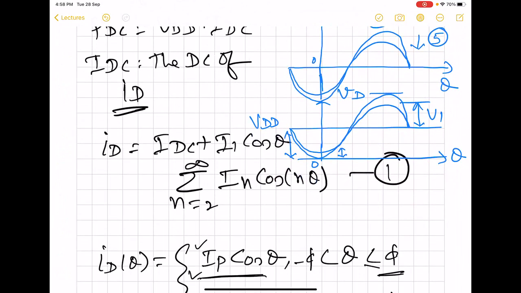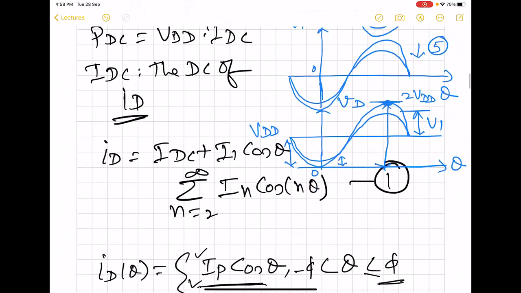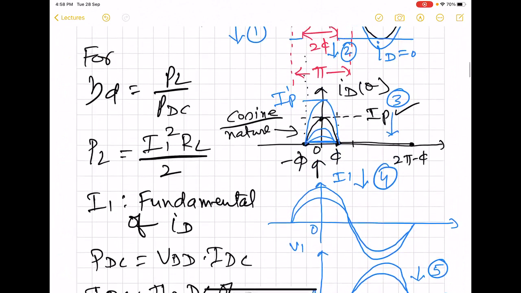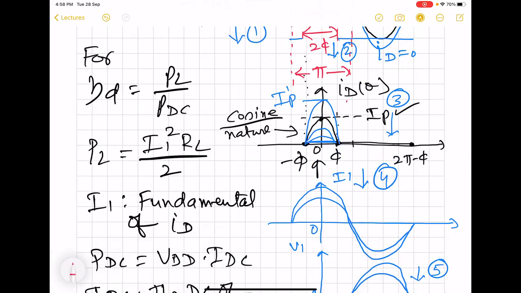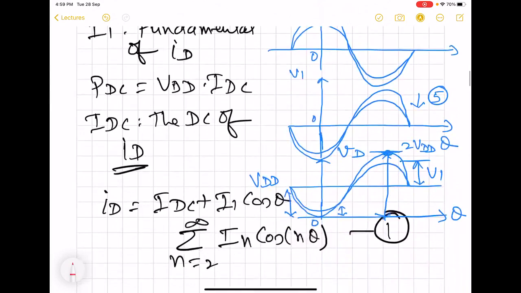So here we can see that the maximum voltage is going to be 2 VDD. So at this moment, MOS is going to experience the maximum voltage stress. And the maximum current stress that MOS will experience is this much, the IP. So the maximum current it has to sustain is IP. The maximum drain voltage that it has to sustain is equal to 2 VDD.